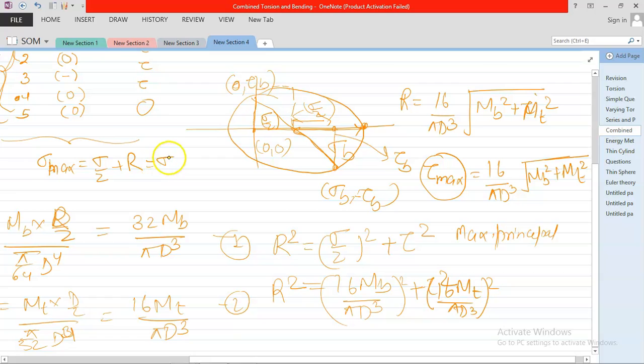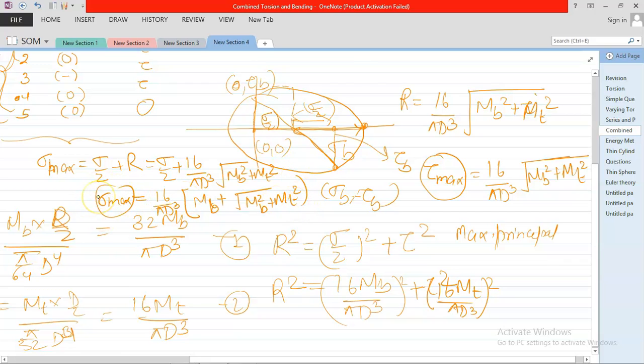Now what is the radius? Sigma by 2 plus 16 by pi d cube under root Mb square plus Mt square. So you are getting it as 16 by pi d cube, Mb plus under root Mb square plus Mt square.